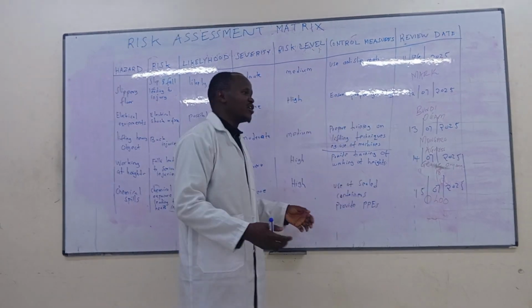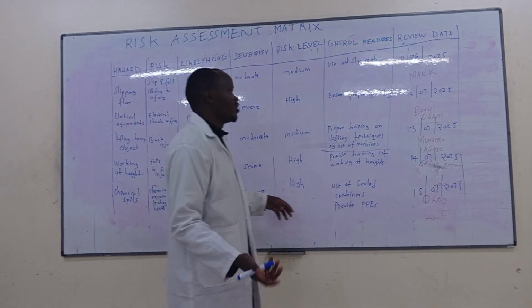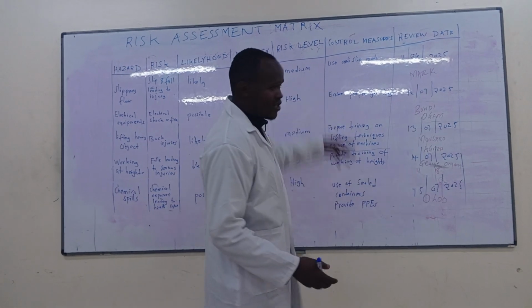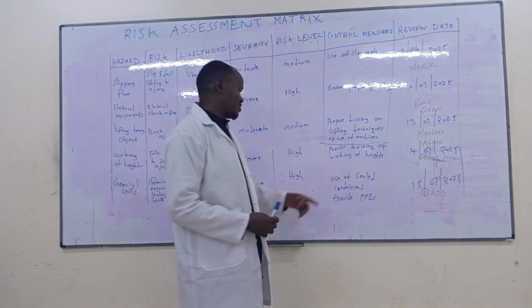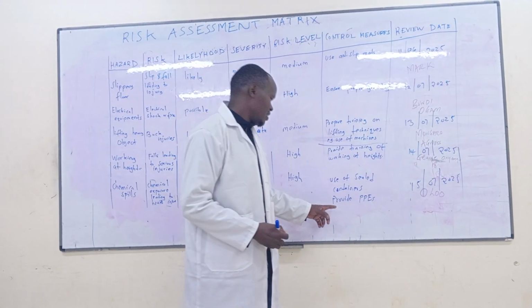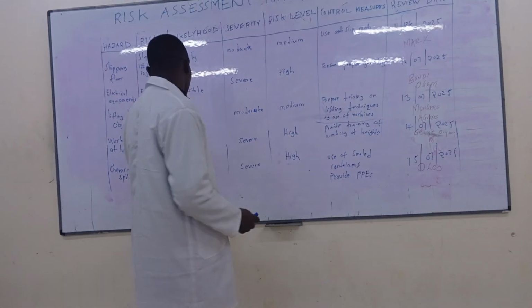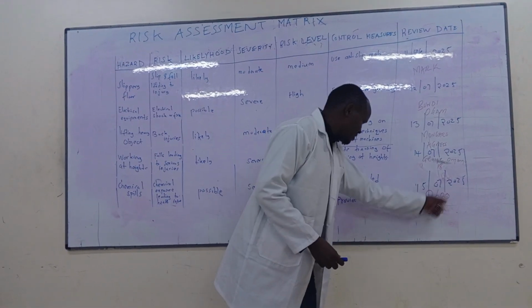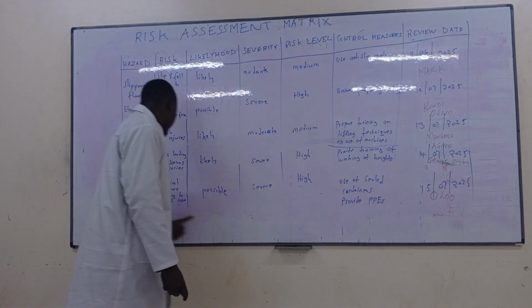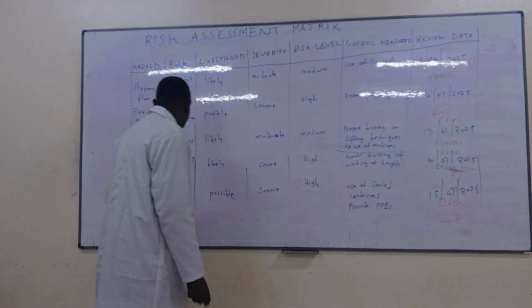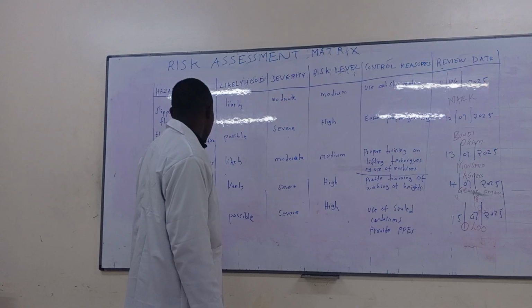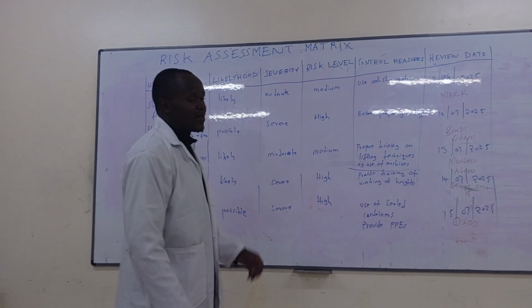When you fall, you can injure your knee or other body parts. The control measures you're going to apply are the use of sealed containers and providing PPEs. And this is a review date for these control measures for chemical spillages.